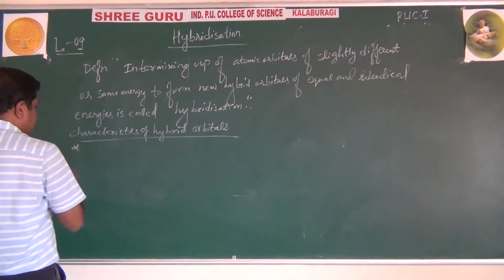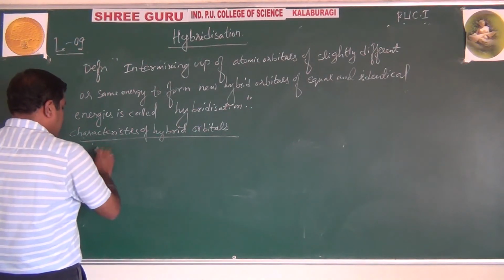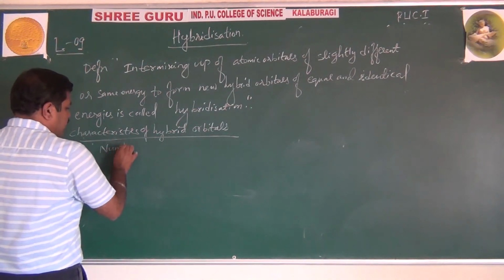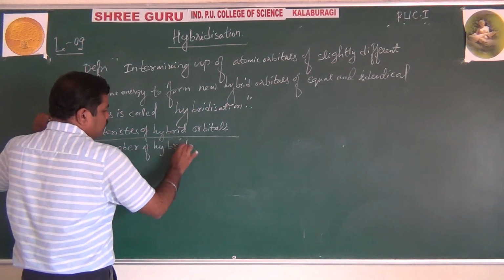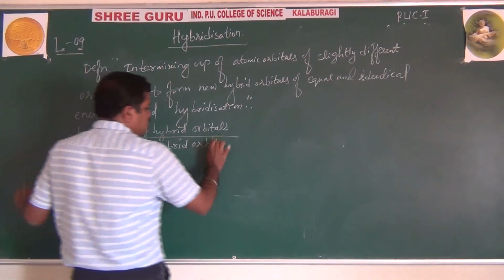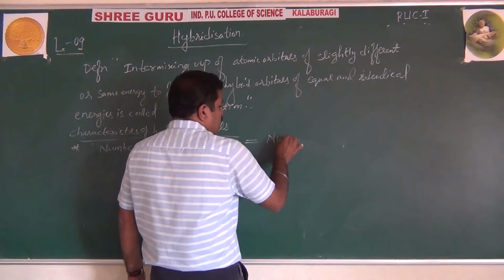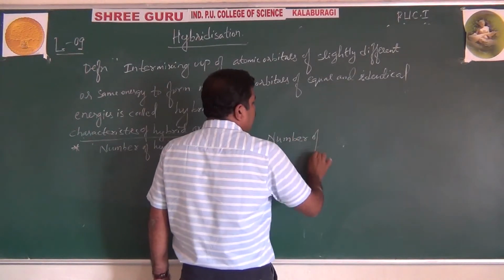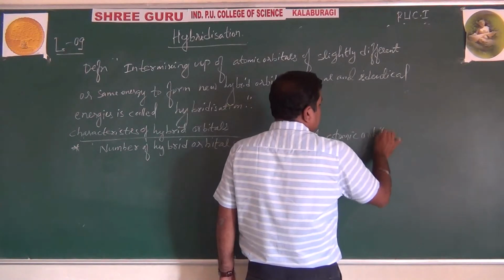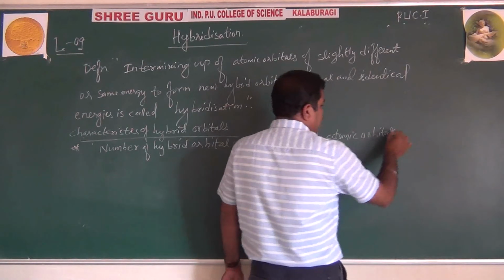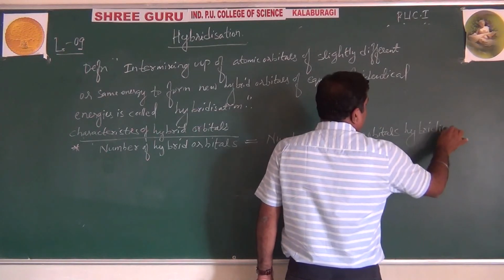First one, the number of hybrid orbitals is equal to the number of atomic orbitals undergoing hybridization.